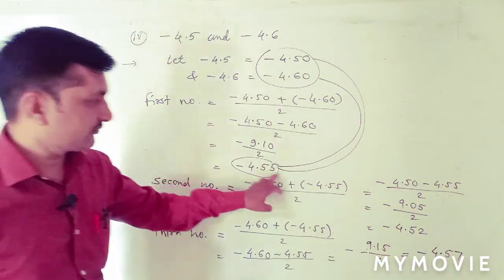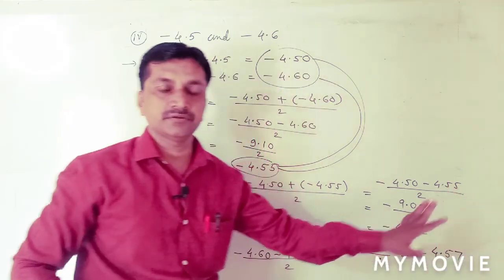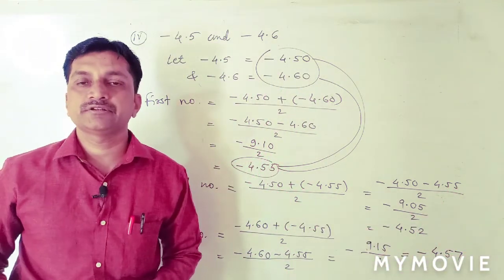Now see here 0.55, 0.52, 0.57. After arranging them, we get 3 rational numbers.